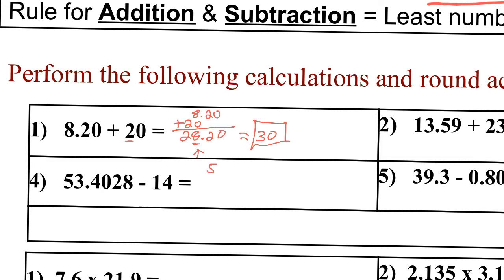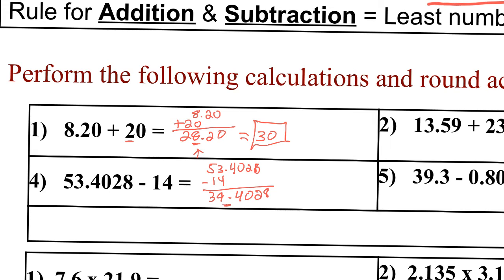We've got 53.4028 minus 14. Well, you can see right away 14 has no decimals at all, so your answer is going to be rounded to the ones place. So when you get your answer, it's going to be 39.4028.